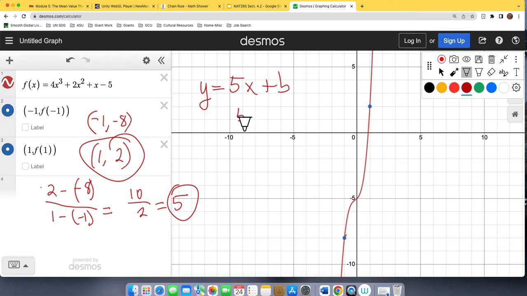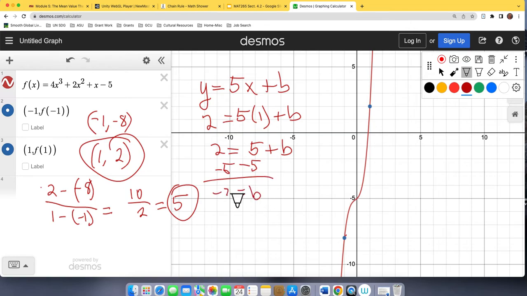I plug in 1 for x, and we get 2 for y, so 2 equals 5 plus b. Subtract 5 from both sides, and b equals -3. So our secant line connecting the two points is y equals 5x minus 3.